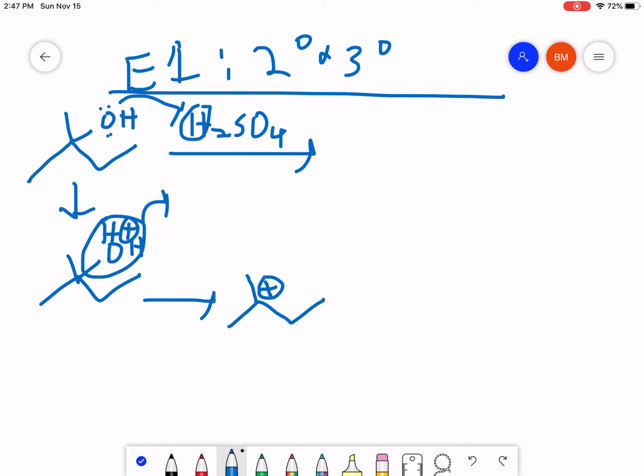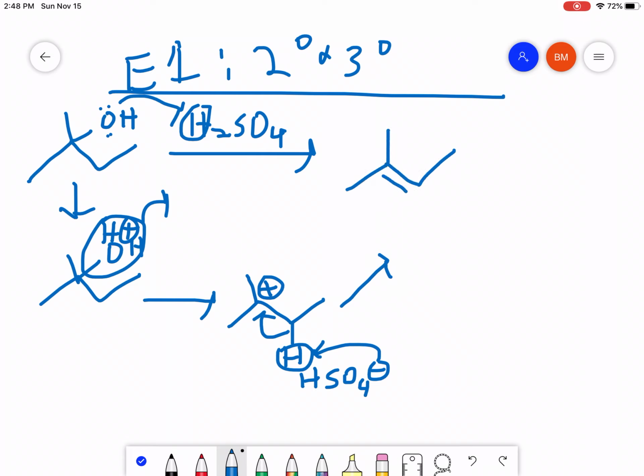And then your base comes in, and our base, just like before, is going to be our leftovers from the acid, so HSO4 minus. Here's a beta hydrogen right here we can target. You can grab that beta hydrogen. These electrons can fall into place, bond with that positive carbon, and voila, you've got an alkene.